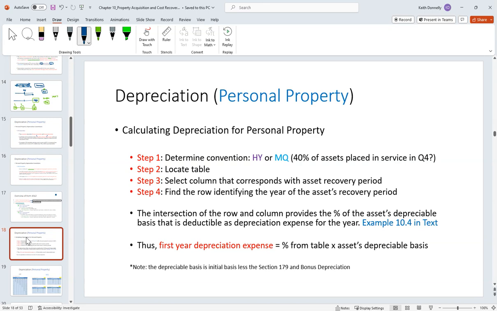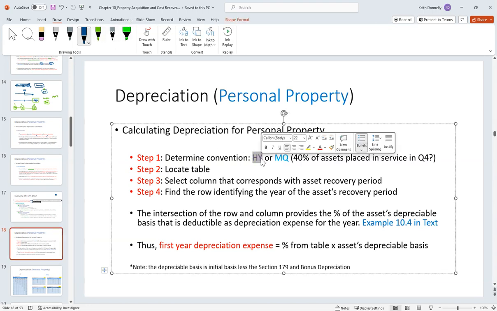So with this, the first thing you have to do, we said, is gather your materials. Then you have to figure out, does the half-year convention or the mid-quarter convention apply? The 40% test. Most of the time, the general rule is going to be half year. So let's just assume that half year is in play.